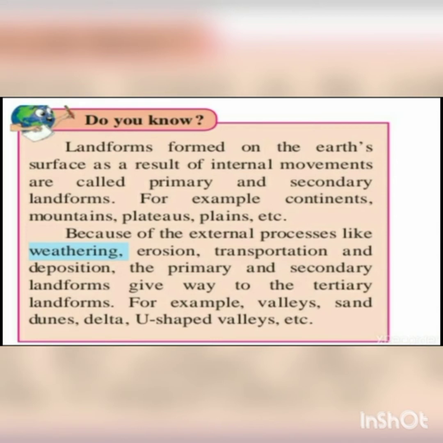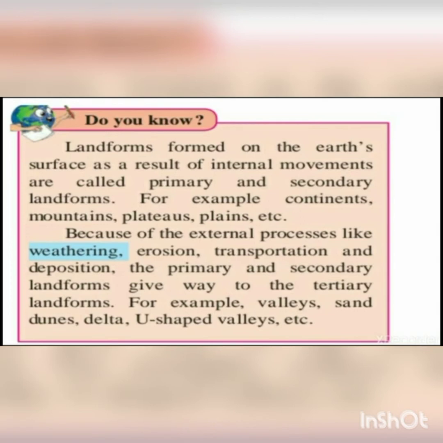For example, valleys, sand dunes, deltas, U-shaped valleys, etc. The changes taking place on the mountains or plateaus may be because of rainfall and high temperatures; the mountainous rocks may be eroded, so the landform will be changed. When new landforms are created, they are called tertiary landforms.